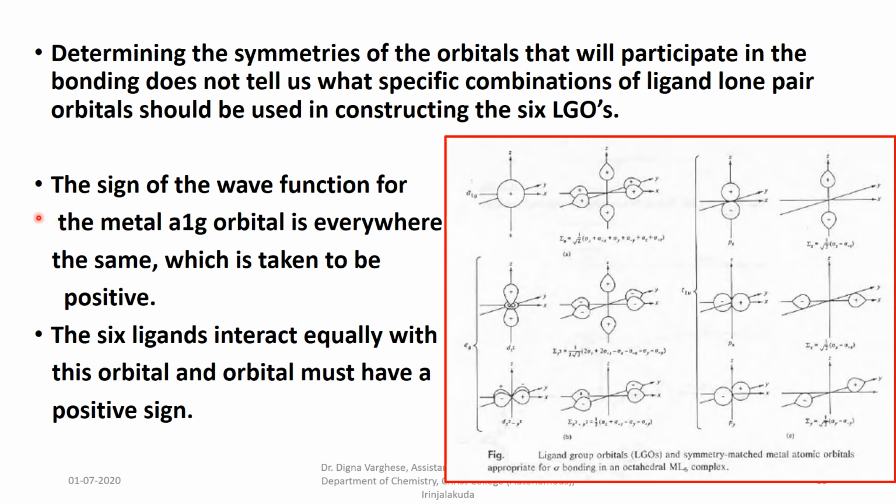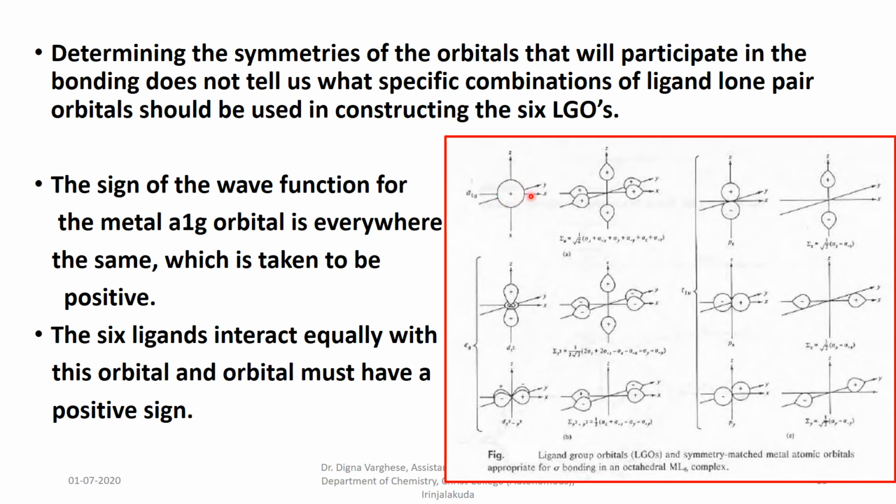The sign of the wave function for the metal A1G orbital is everywhere the same, which is taken to be positive. The 6 ligands interact equally with this orbital, and the orbital must have a positive sign. We know the s orbital is spherically symmetrical, so the sign must be positive everywhere.